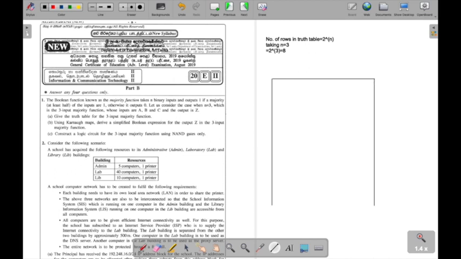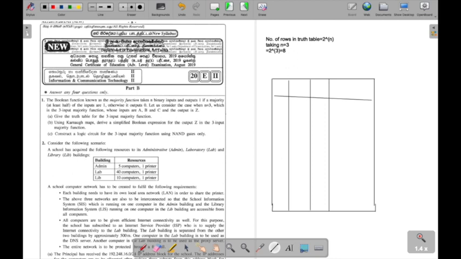I'm quite sure that if you pause the video now and try to draw the truth table yourself, it will be much easier for you to understand. But if you do not understand this lesson, that's fine, that's what I'm going to explain now. Plot the 3 inputs, and the final column will be for the output.